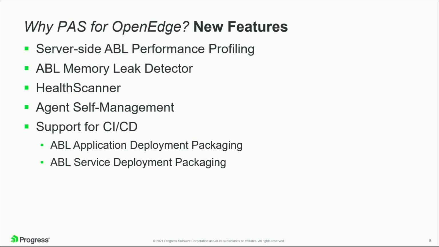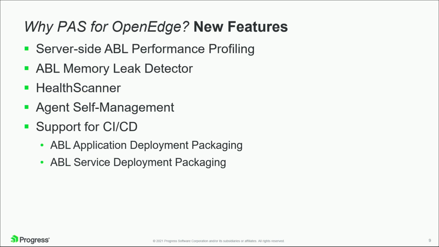And then we're making a push to provide better support for CI and CD. We've done some application deployment packaging work, so you can, for example, export a full ABL application from a working instance and then import that full ABL application somewhere else.